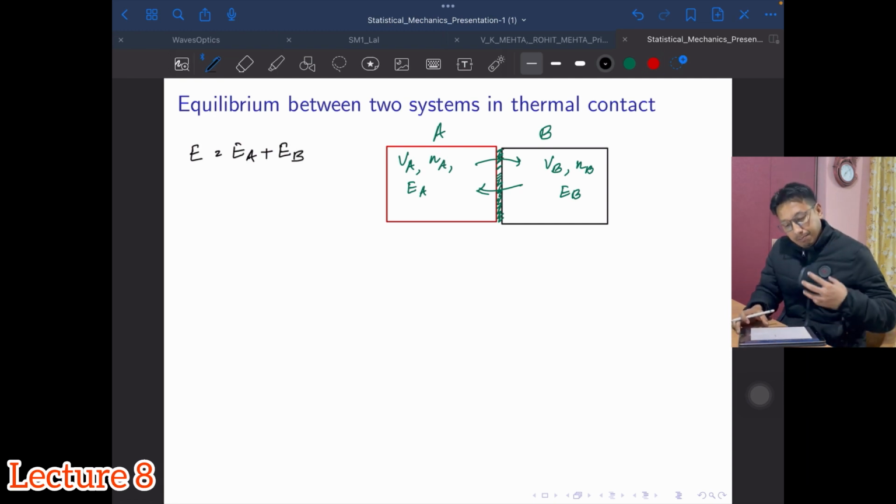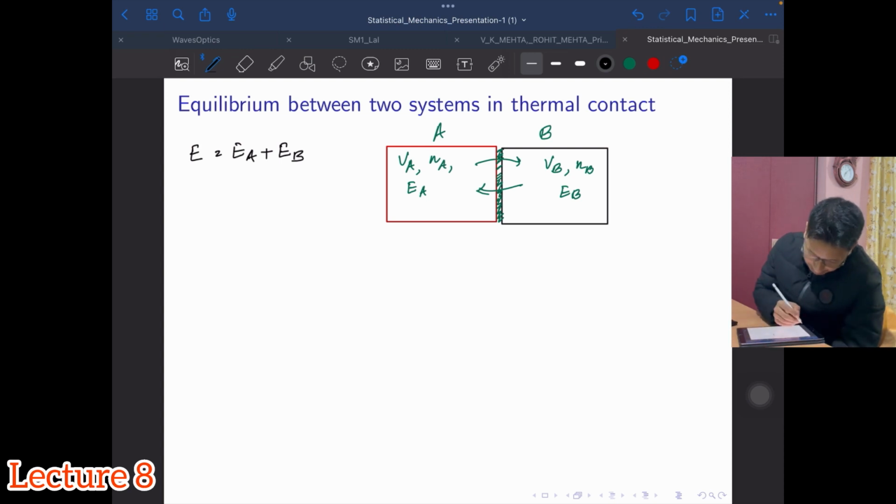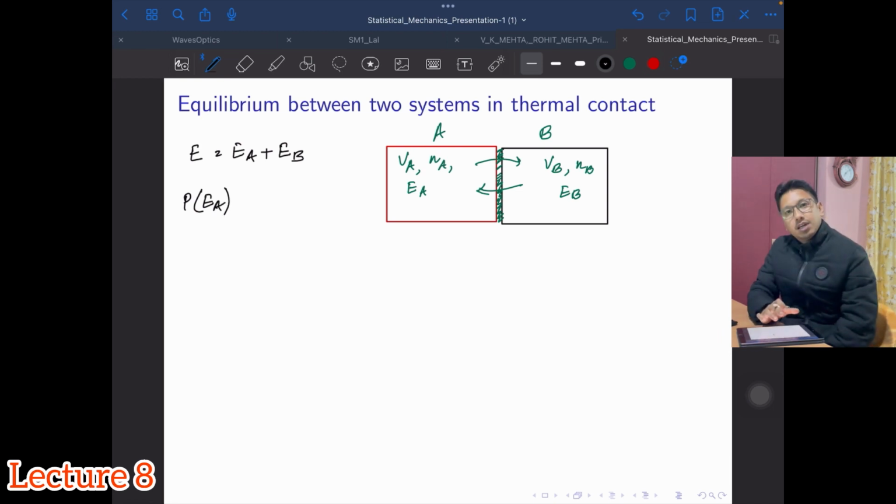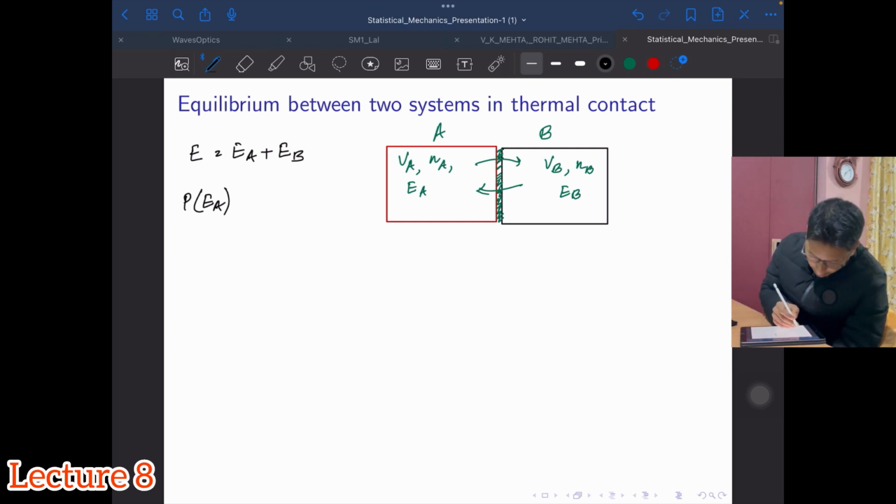So now the probability of system A possessing energy EA is, as we discussed earlier, going to be decided by the number of microstates at that energy. So let's write it like: probability of system A occupying or possessing energy EA is equal to some constant C1 and, let's say, W1 as a function of EA.